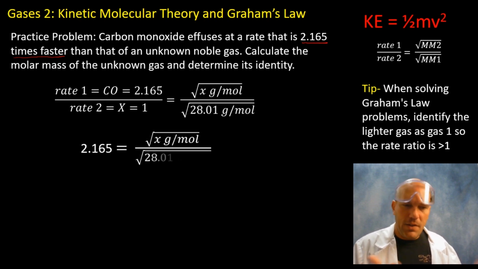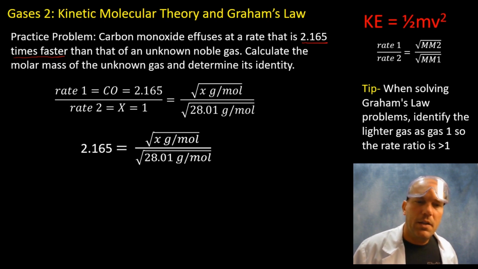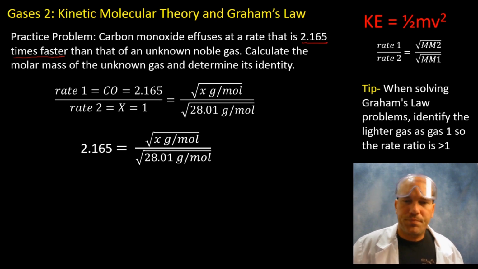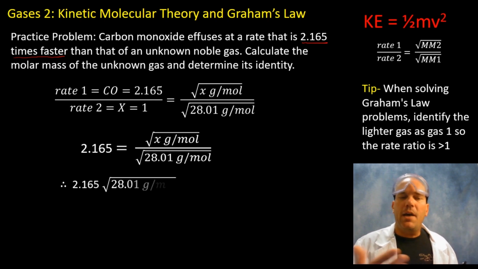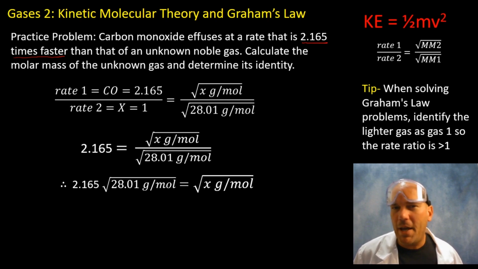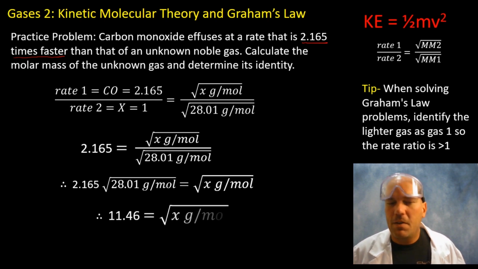That allows us to do this. We can say, all right, rate 1 over rate 2 equals 2.165 divided by 1, that's 2.165. Now we can set that equal to our square root of molar masses, gas 2 and gas 1 respectively. By doing that, we can algebraically multiply both sides by the square root of the molar mass of carbon monoxide, in other words, 28.01 grams per mole, so we can isolate our unknown variable and solve.